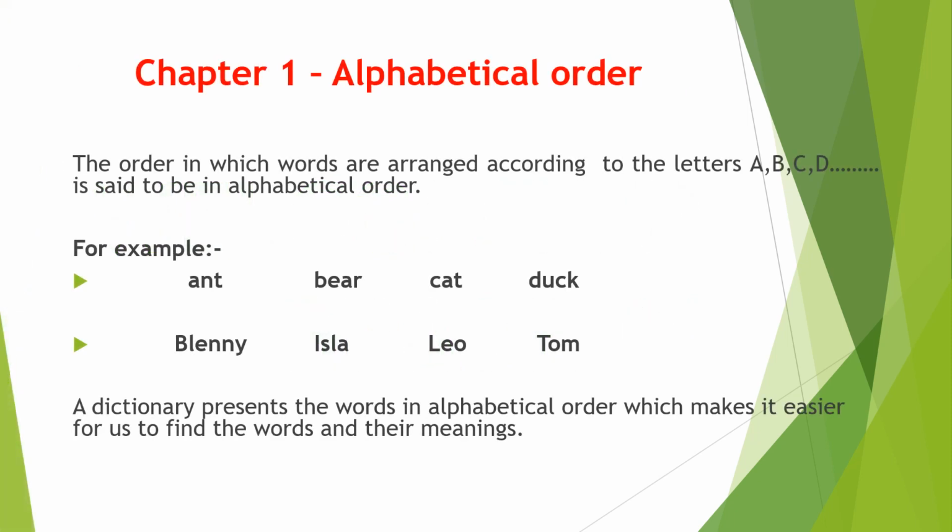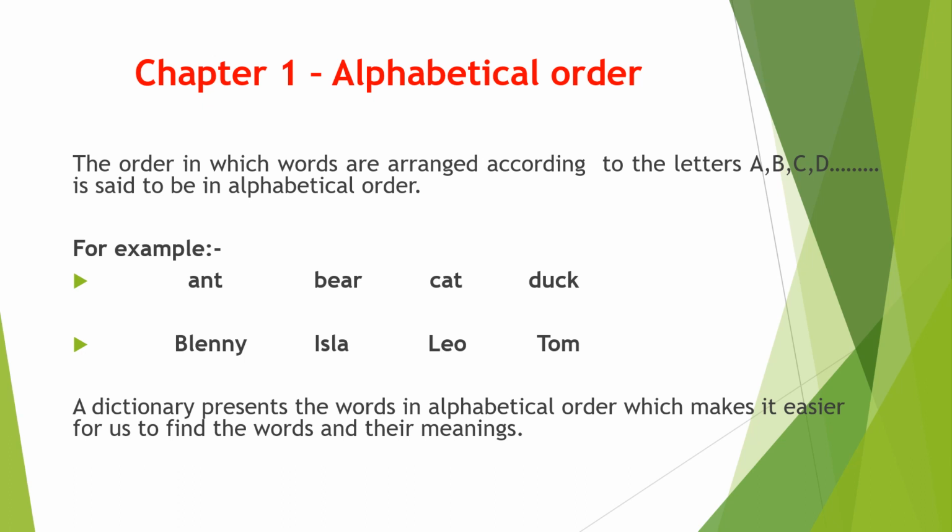The first chapter in the English grammar book is alphabetical order. Dear students, this topic is just a recapitulation of what you have learnt in grade 3. So, alphabetical order is the order in which words are arranged according to the letters A, B, C, D, and so on. To know it in more detail, let us look at these examples.